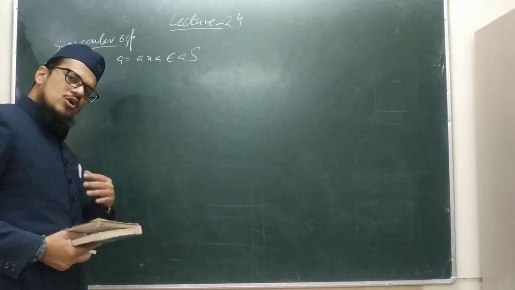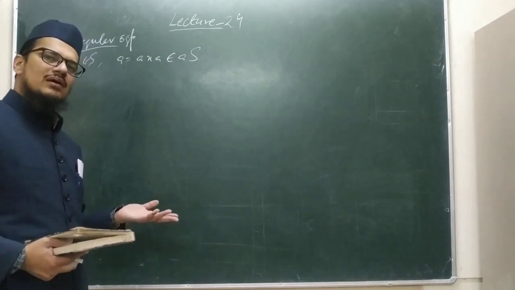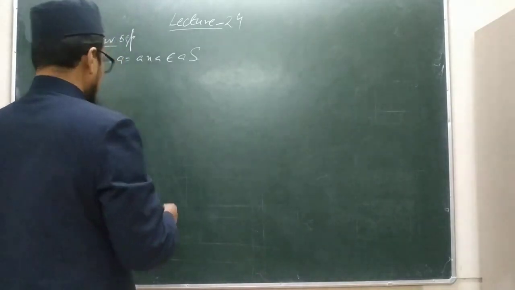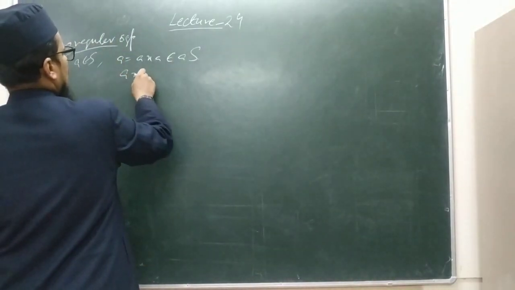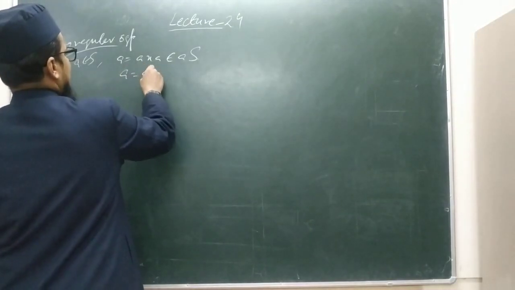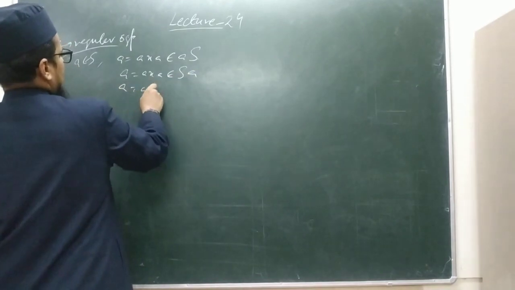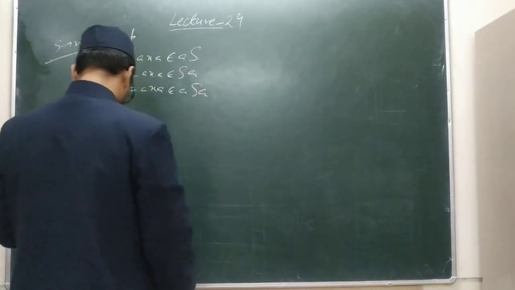So when A belongs to AS, it means what? Also you can write A equal to AXA. You can say that A belongs to SA. Also you can say A equal to AXA, it belongs to ASA, isn't it?